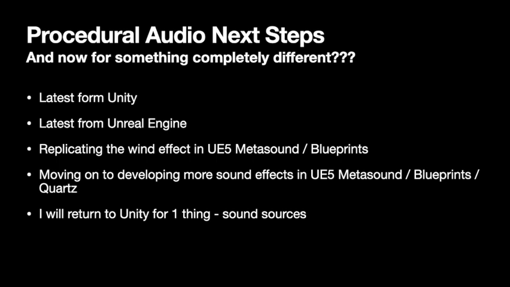I will return to Unity for one thing, because I promised to talk about it, and that is to add sound sources. The project we've just done adds the sound effect to the mixer, but it doesn't spatialize it at all. You can't add it to a sound source, you can't move it around, you can't attenuate it, you can't pan it properly from where you're standing. There is a way of doing it. There's another plugin which you'll have to write yourself. It's not something that's standard, although it's something that Unity have included in a demo.